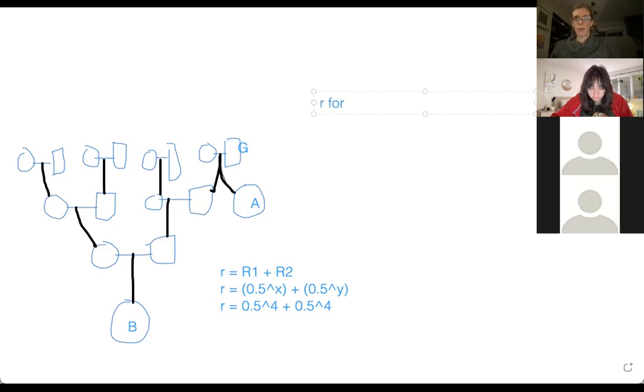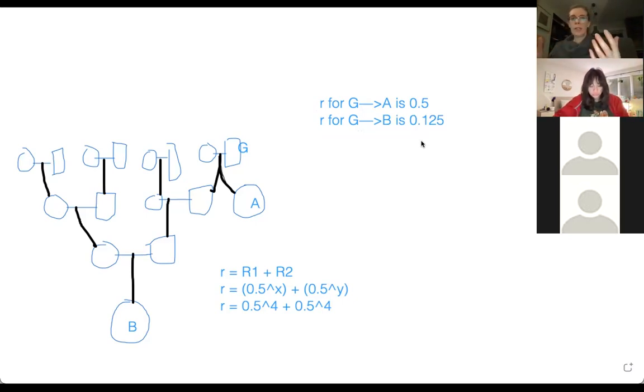R for G to B is 0.125, R for G to A is 0.5. So let's say we're talking about G giving something away where the benefit and cost are the same.